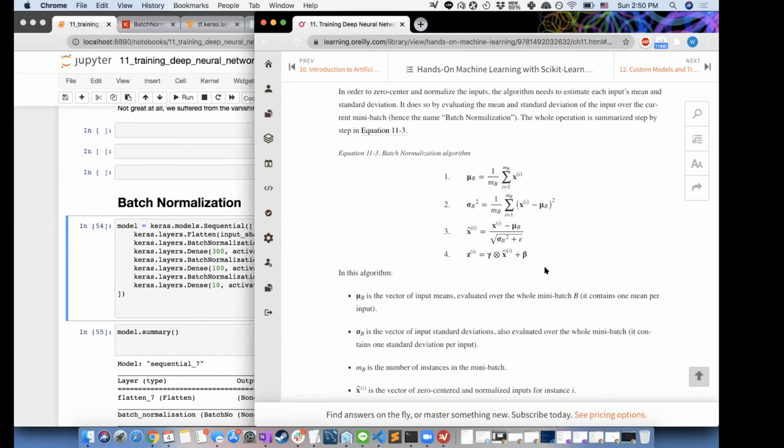I'm just trying to think of it in my head, and I think the second equation, the sigma squared equation, is where this comes in. If you think about x sub i minus mu sub b, the likelihood is that as you have more instances of x, it's going to tend to a more central mean that's closer to mu of b.